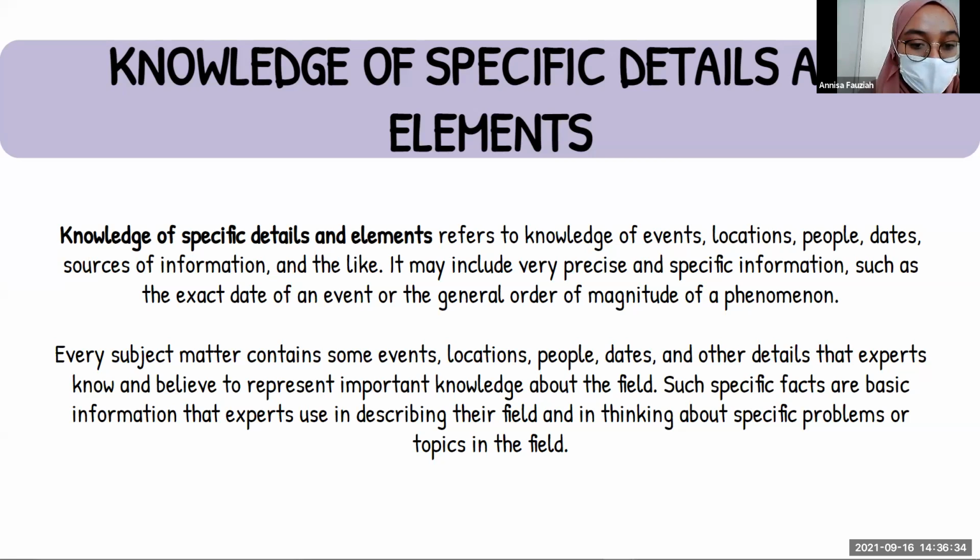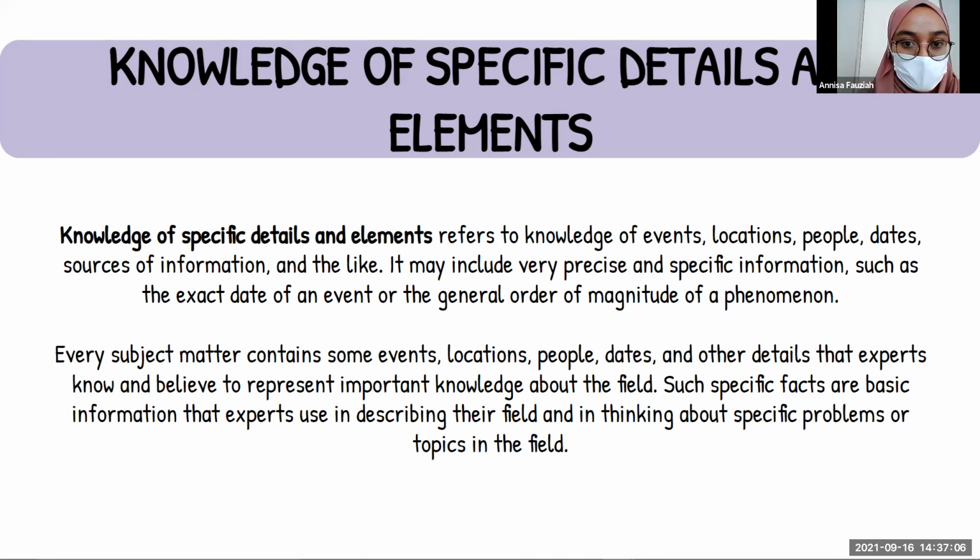Every subject matter contains some events, locations, people, dates, and other details that experts know and believe represent important knowledge about the field. Such specific facts are basic information that experts use in describing their field and in thinking about specific problems or topics in the field.